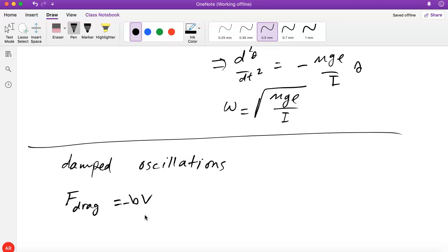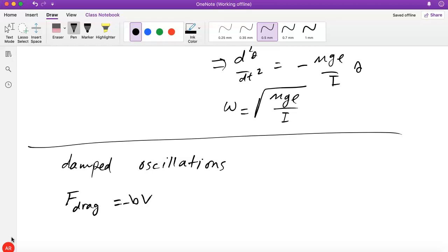So here, a drag force, which you would get, for example, from air resistance, as opposed to rubbing against a surface, also depends on the speed of your motion. So the slower you move, there's less resistance to your motion.